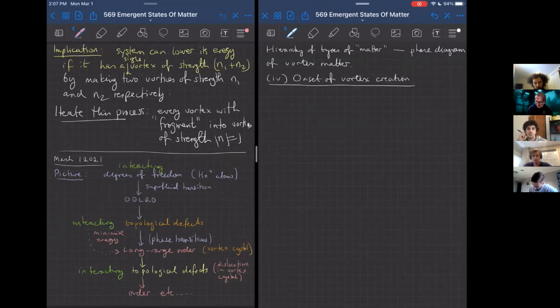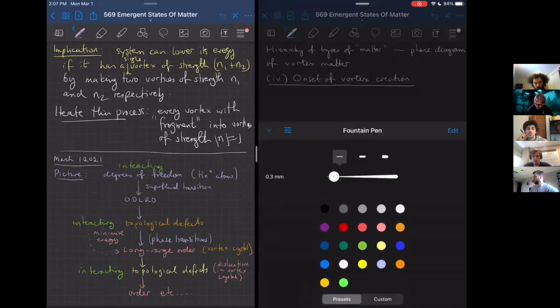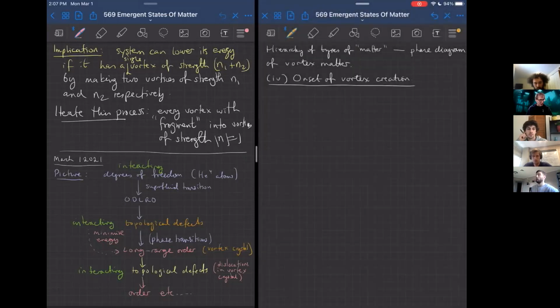So what we're going to start off by considering is a superfluid that is slowly rotating. So we saw last time that a quantum vortex line has energy. So the basic idea is this, that we start off with a slowly rotating superfluid. And because it is slowly rotating, what that means is it doesn't have enough energy to create a quantum vortex line.